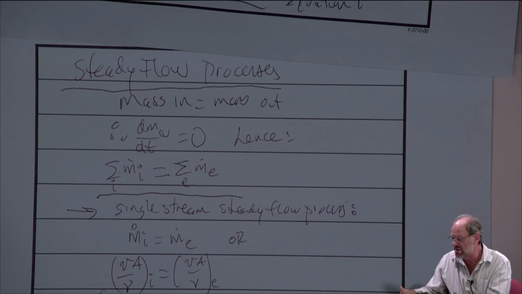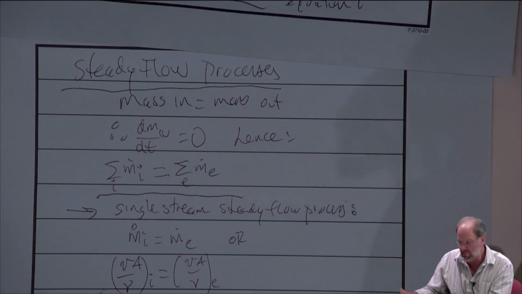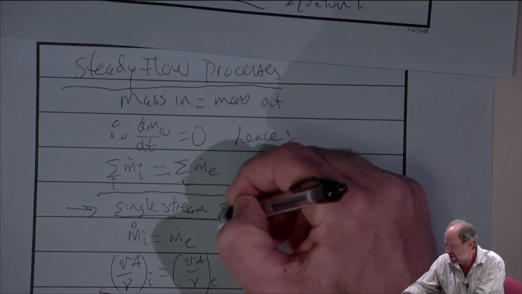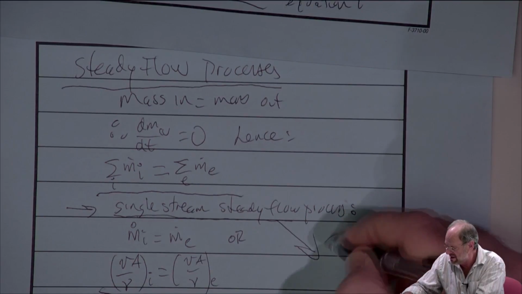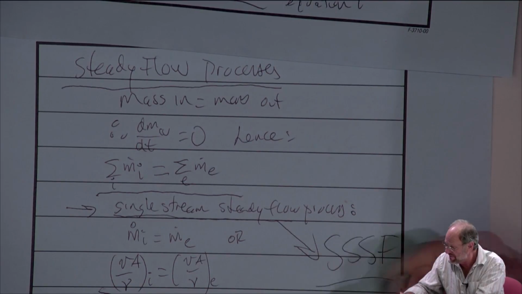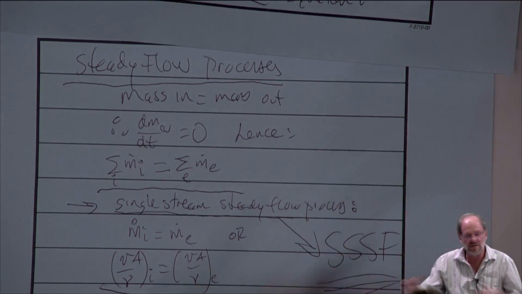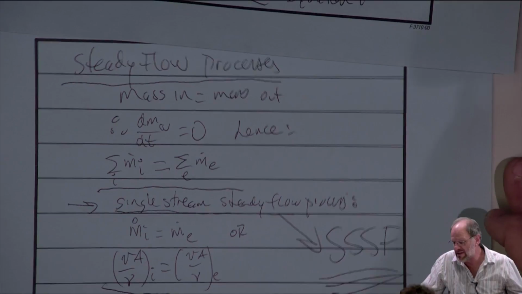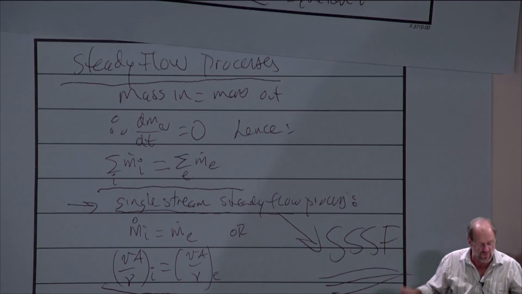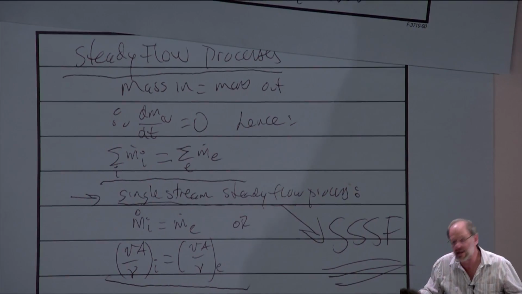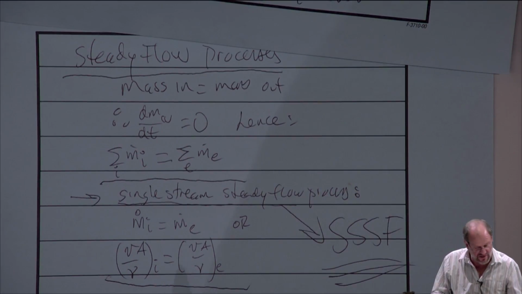This applies to a single stream steady flow process. Single stream steady flow is sometimes abbreviated SSSF. You're going to see a lot of problems with SSSF, which is the author's abbreviation and will be my abbreviation for single stream steady flow process. So for any single stream steady flow process, we have this equation.